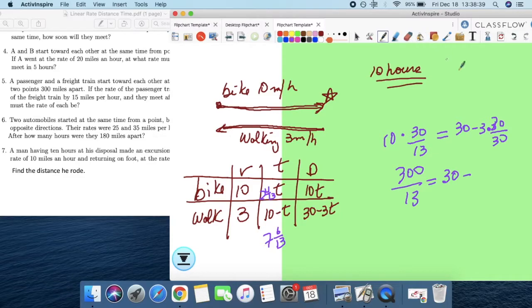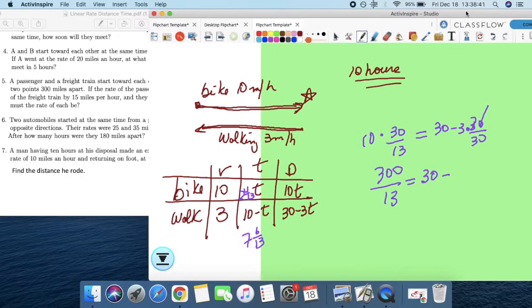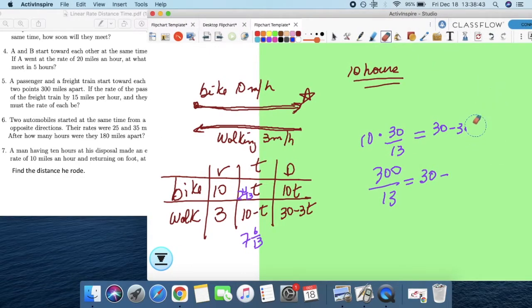Hang on a second. Because t is 30 over 13, 3 times 30 over 13 is 90 over 13, so we need to do a common denominator on that side.